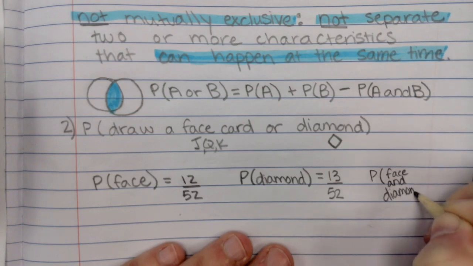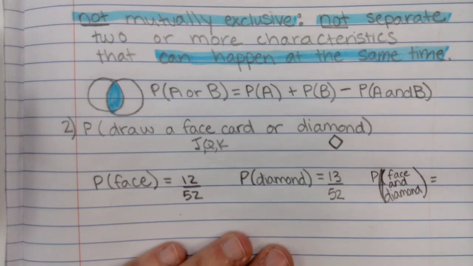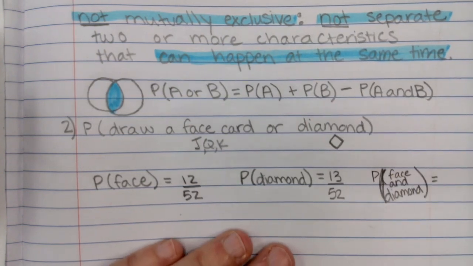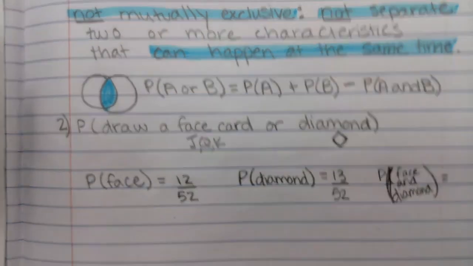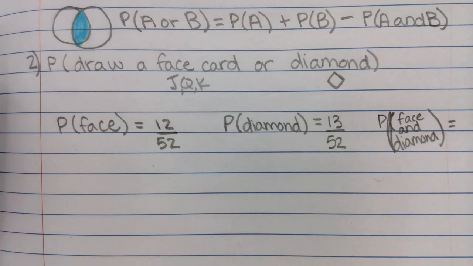Which 3? The jack of diamonds, the queen of diamonds, and the king of diamonds. These 3 were both in the face cards and in the diamonds, so we actually counted those twice by accident. So we have 3 cards that are both, out of how many cards total? 52, the total still.